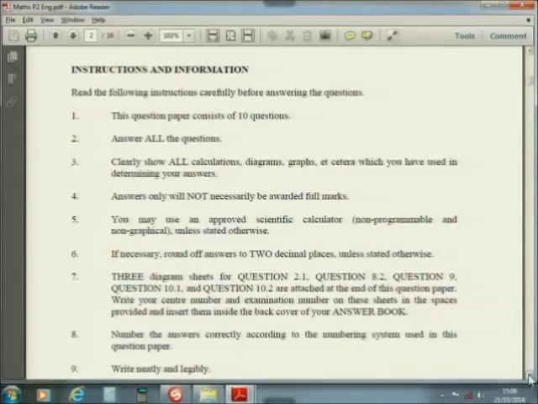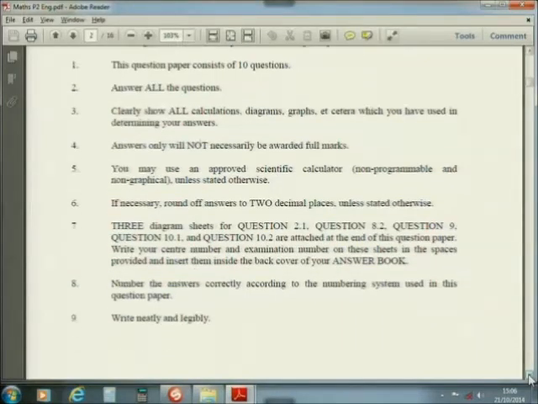Number 6: if necessary, round off answers to 2 decimal places unless stated otherwise. The paper says round off answers, which means you only round off when you come to the answer. That's very important.